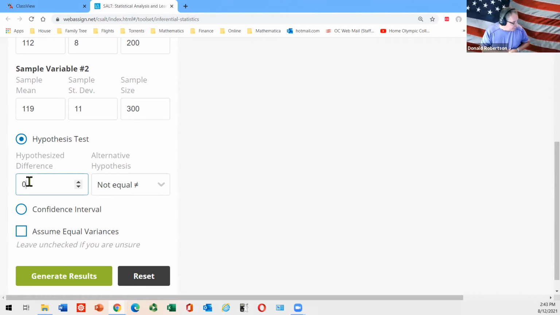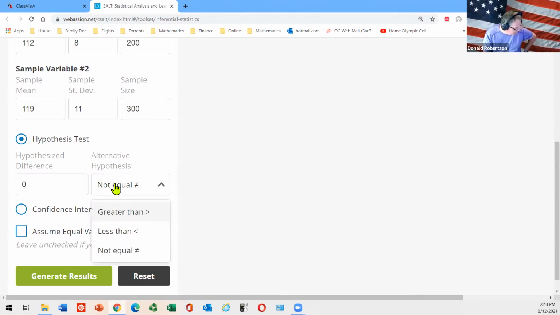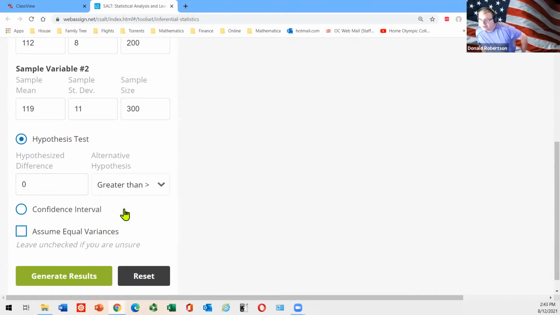Now, in the story that we had, isn't there evidence that the second one is bigger than the first? Agreed? Now, you've got to be careful, because when you say it that way, you think you're trying to prove greater than, because Scotsmen are bigger than Americans.